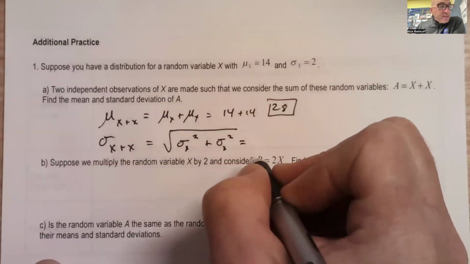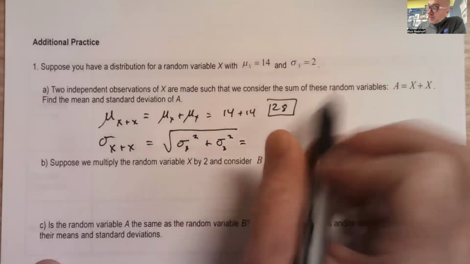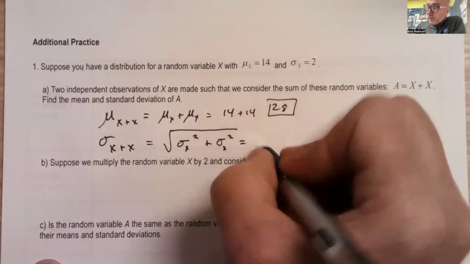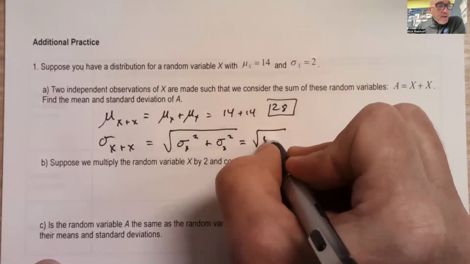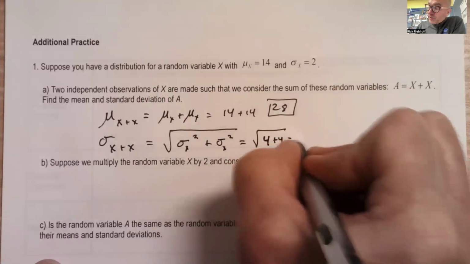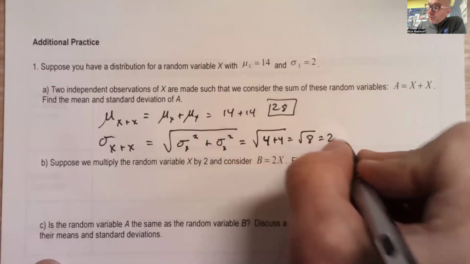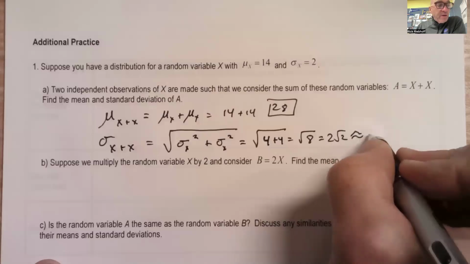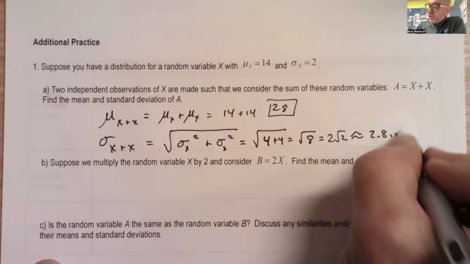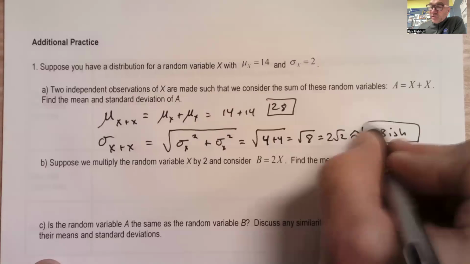The standard deviation is 2, so we do root of 4 plus 4, which is root 8, which is 2 root 2, somewhere around 2.8. So there's our standard deviation.